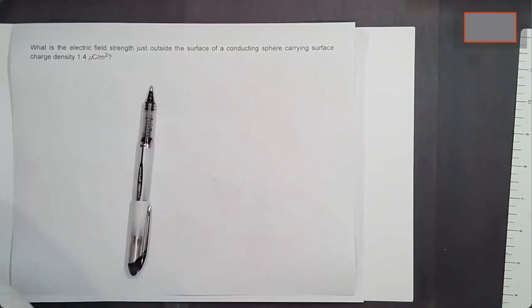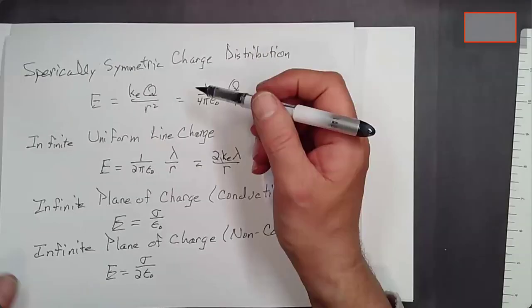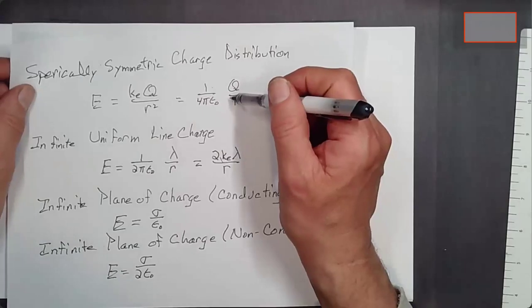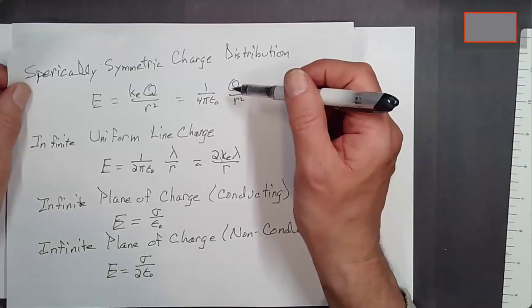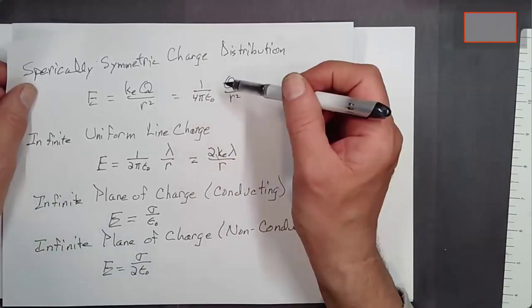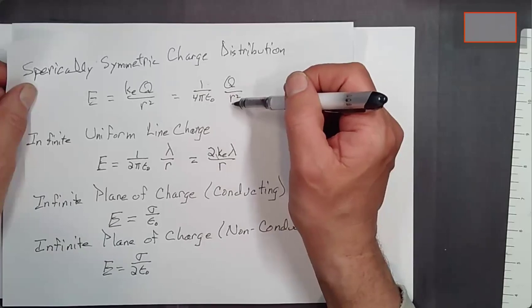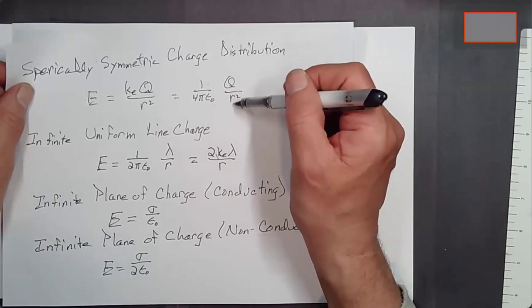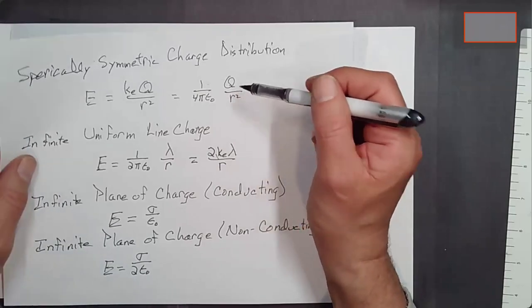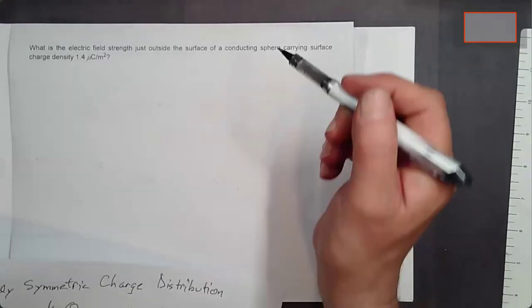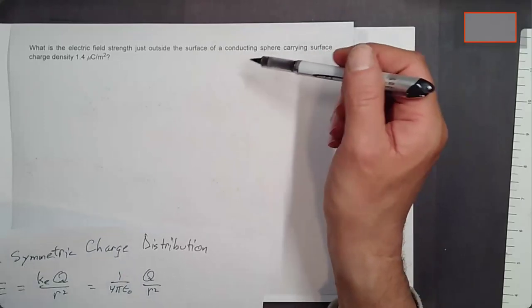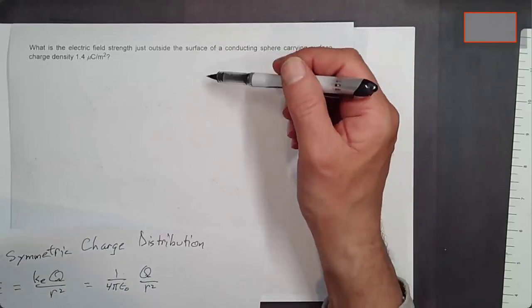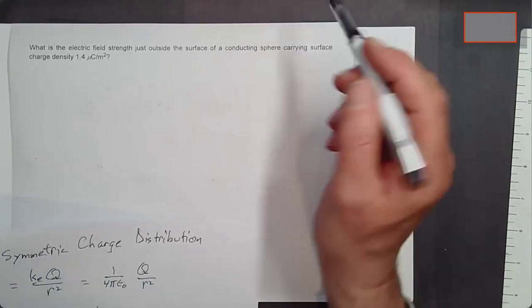All right, well, when we were looking at a spherically symmetric charge distribution, we thought that it would be 1 over 4 pi epsilon naught q over r squared, where q is the total charge on the thing. But in this case, it doesn't tell us what the radius of the thing is. We'd be just outside the surface, so if we knew the radius, we could do that.